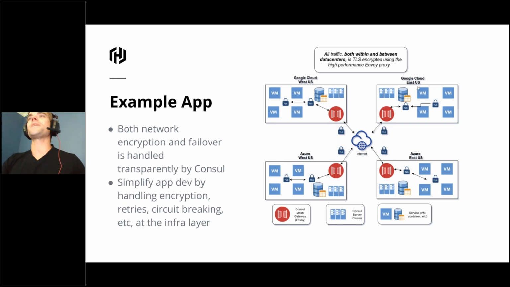So what we can do is, if an instance in Google Cloud East needs to communicate with Google Cloud West, then the instance in Google Cloud East will just connect to the local mesh gateway. That mesh gateway knows about the other mesh gateways, so it will actually just forward that data on. And it does all this using SNI headers. So the mesh gateways themselves can't see the traffic that they're forwarding. They can just see the headers that tell them where to go.